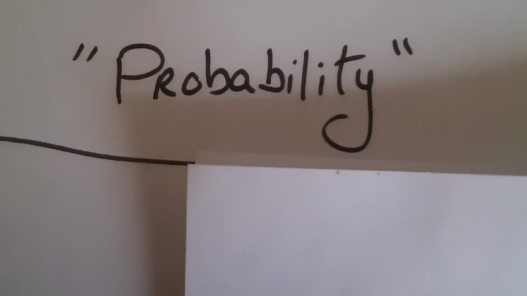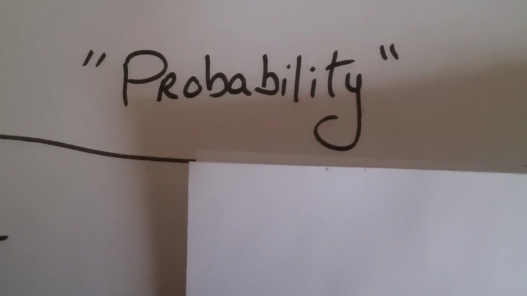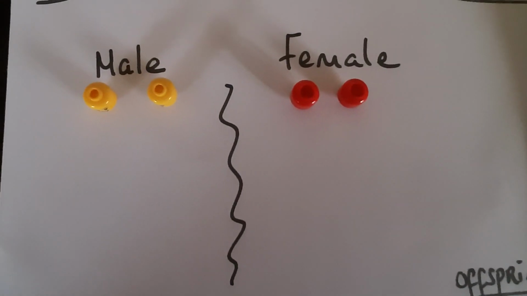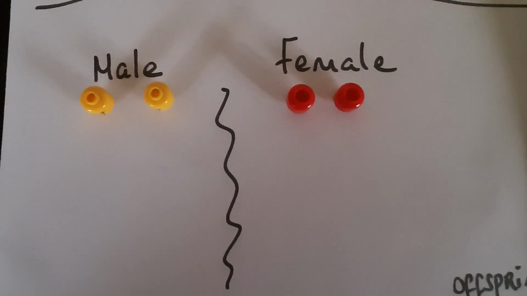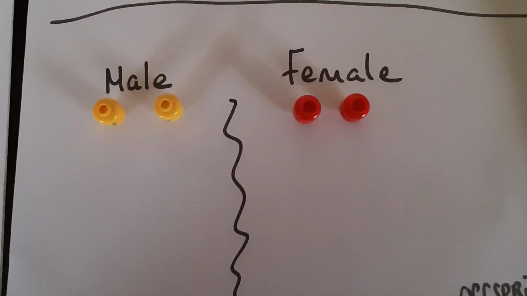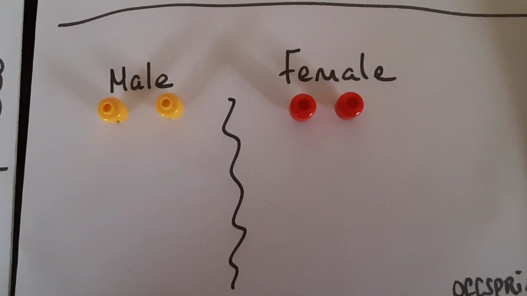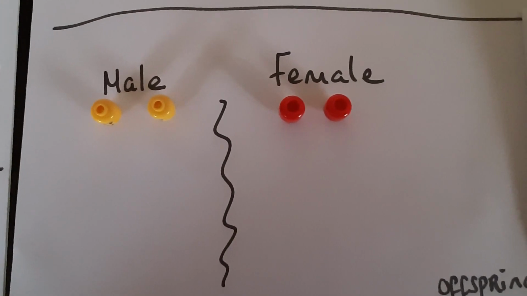So we're focusing again on the idea that genetic crosses are all about probability. Let's look at this very simple example. We've got a male, and the 2 alleles he got from his parents are both yellow. And the female, the 2 alleles she got from her parents are both red.